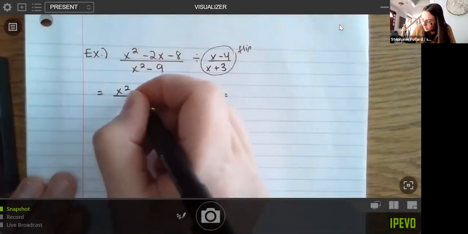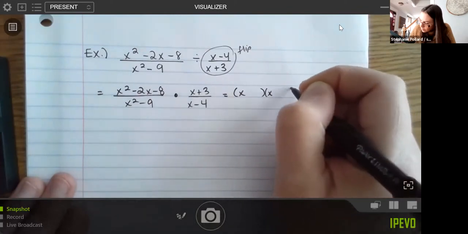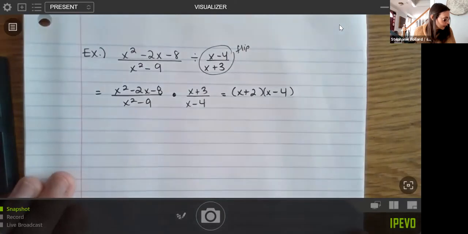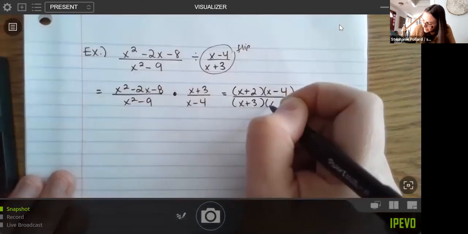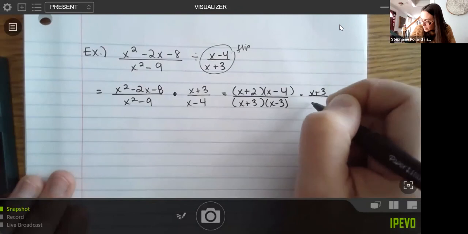So this part here, let's see, we're going to factor as x plus 2, x minus 4. And then in the denominator, this is going to factor as x plus 3, x minus 3. And we're multiplying that by x plus 3 over x plus 4.